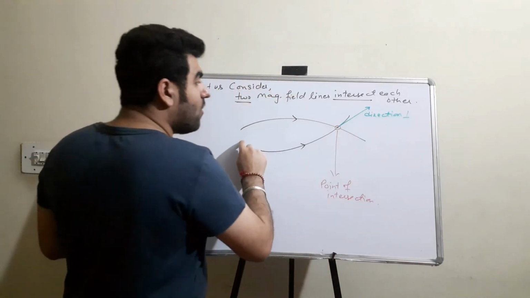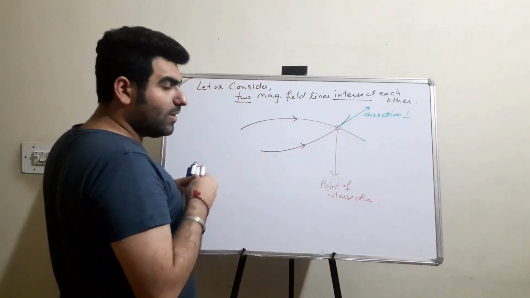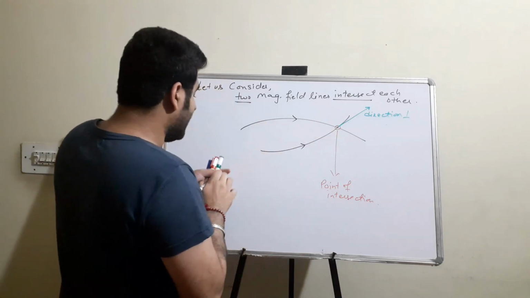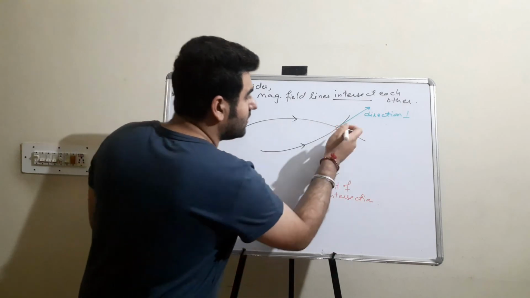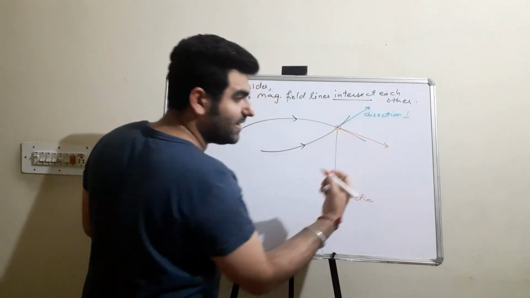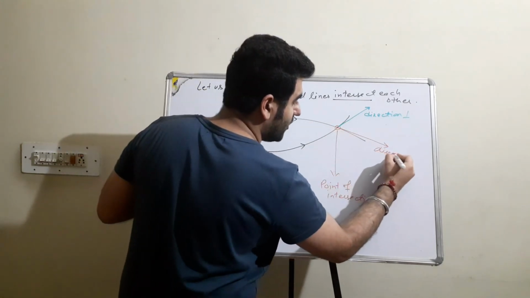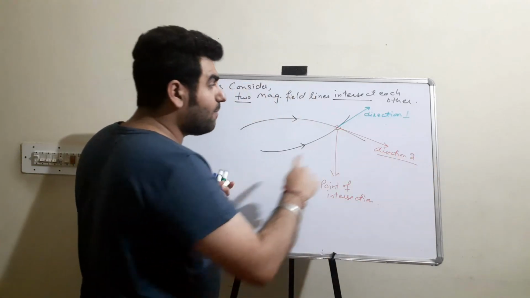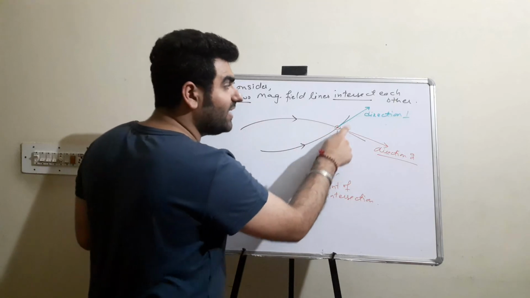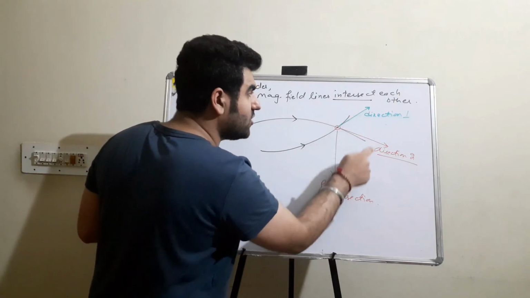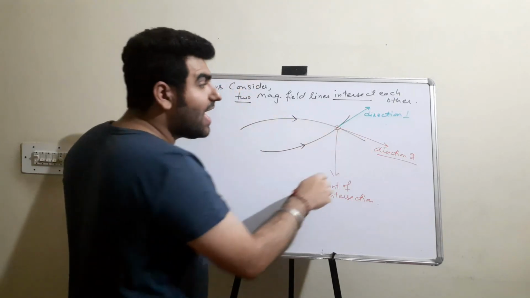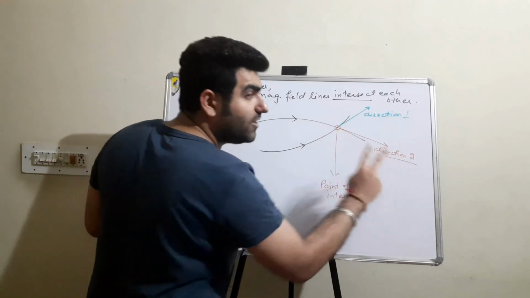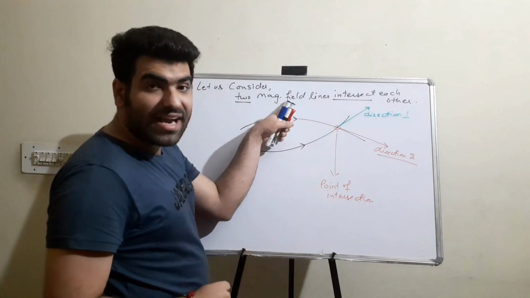Now according to this other line, what is going to happen? The tangent at this point will be like this. So this is direction number 2. So at a single point, the point of intersection, there are two different directions for the same magnetic field.